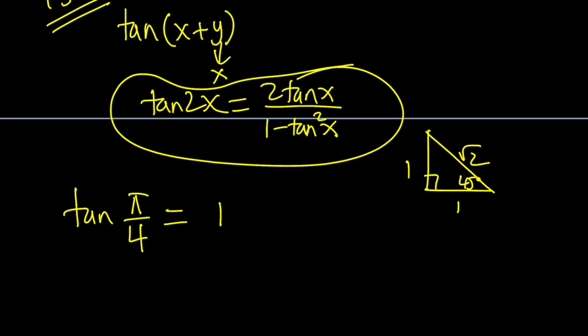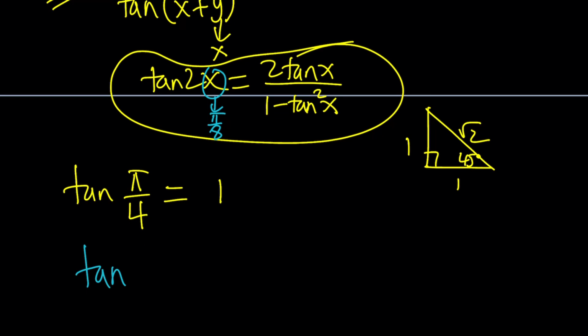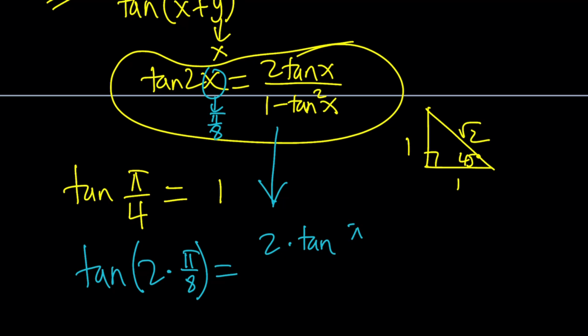Now let's go ahead and replace x with pi over 8 in this formula and find tangent pi over 8 from there. So tangent 2 times pi over 8 is equal to, from this formula, 2 times tangent of pi over 8 divided by 1 minus tangent squared of pi over 8.